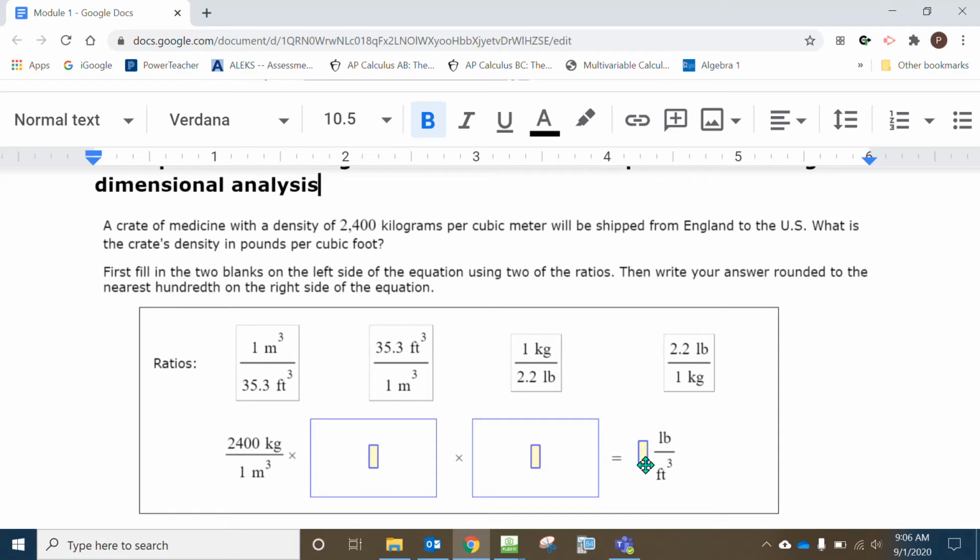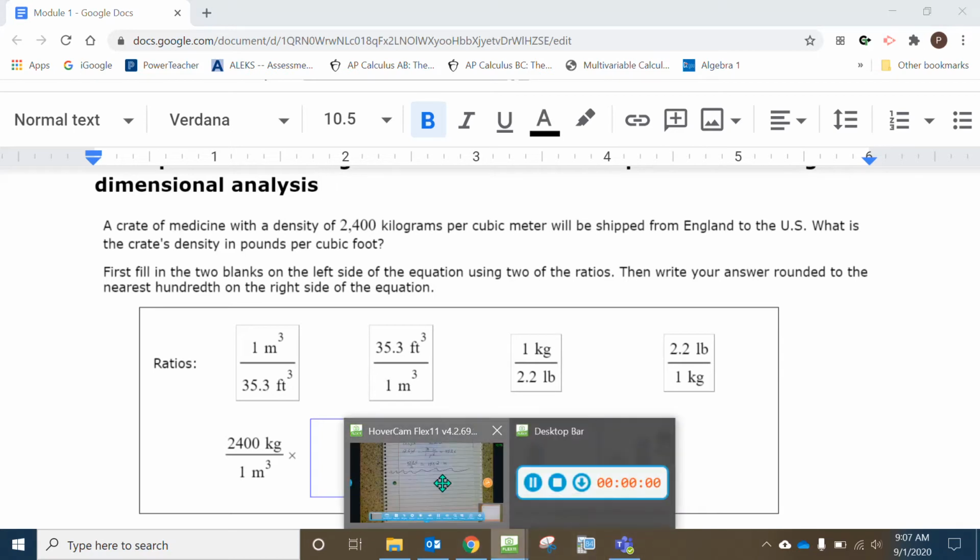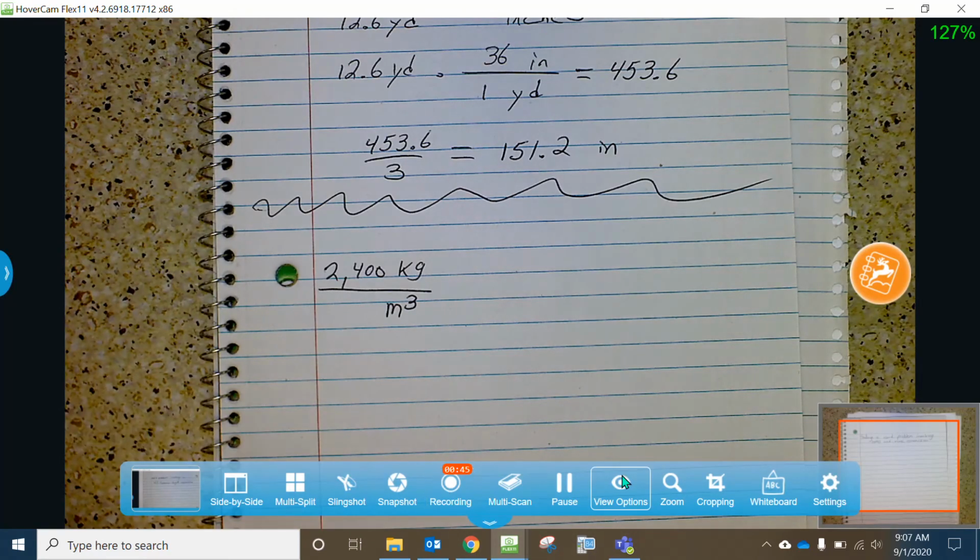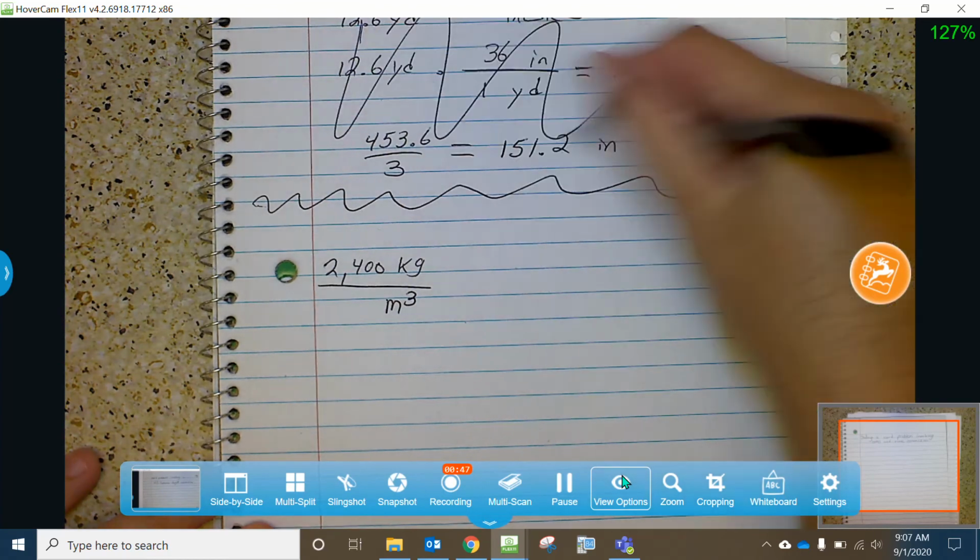Okay. So we have a crate of medicine with a density of 2,400 kilograms per cubic meter. So that's meter cubed. I like writing that as a fraction. Ignore the top stuff. We already did that.